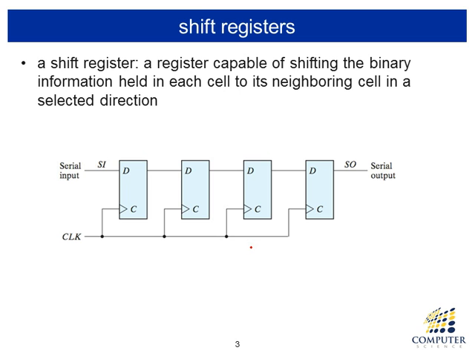A shift register is a register capable of shifting binary information to the neighboring cells. For example, in this kind of configuration, for the very first clock, whatever appears on D will appear on the output of the first flip-flop.